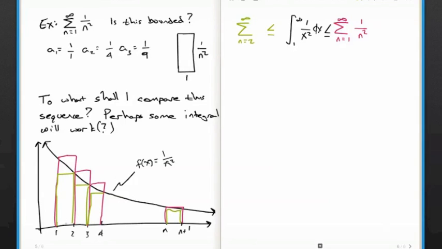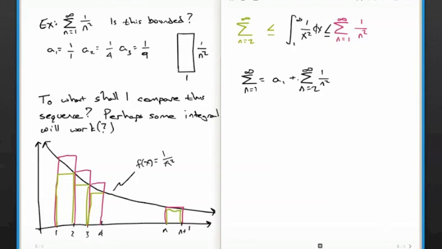Well, if my sum from 2 to infinity converges, and I know what my first term is, then I'm done, right? Because the sum from n equals 1 to infinity is really the same as a sub 1 plus the sum from n equals 2 to infinity of 1 over n squared.